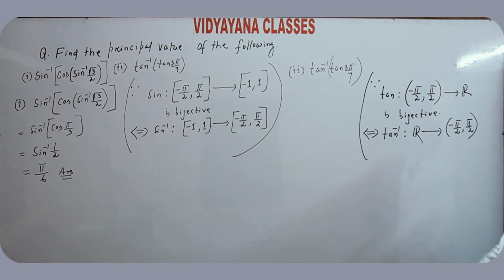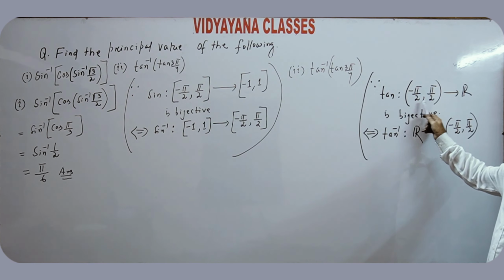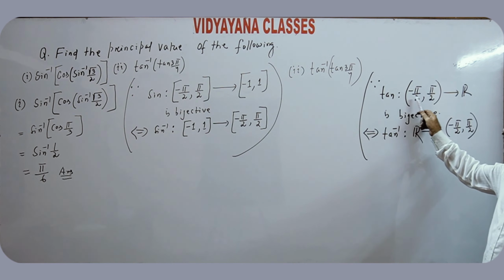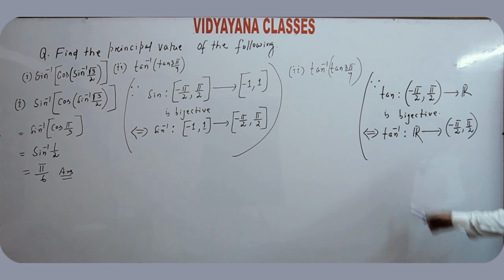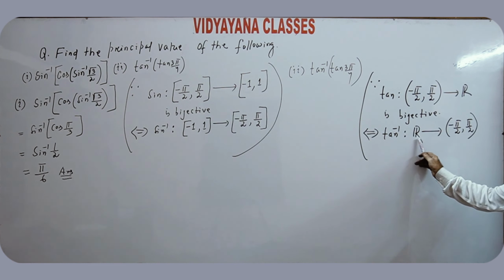When y is equal to tan x is defined from the open interval (-pi/2, +pi/2) to the set of real numbers, the function is bijective. Every bijective function is invertible, that means its inverse exists. Tan inverse is defined from this set to this set.